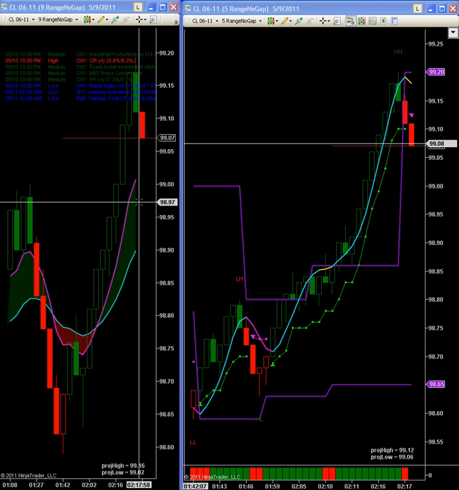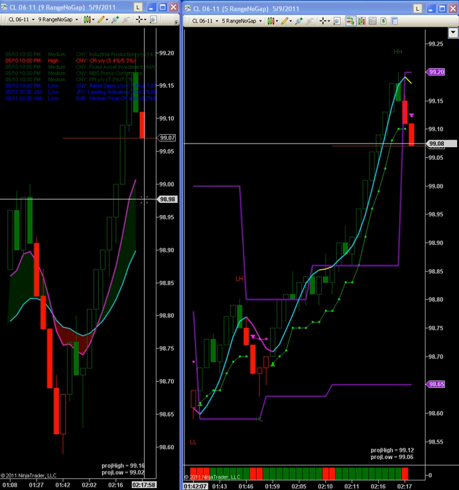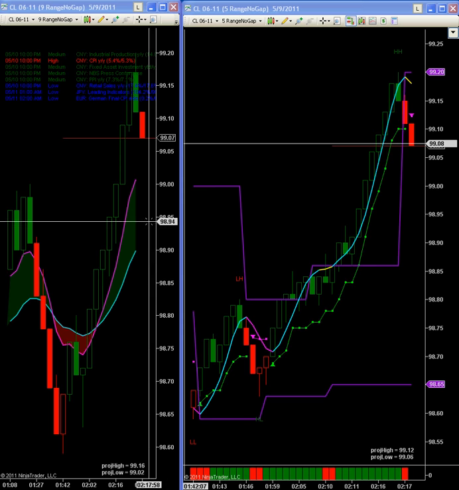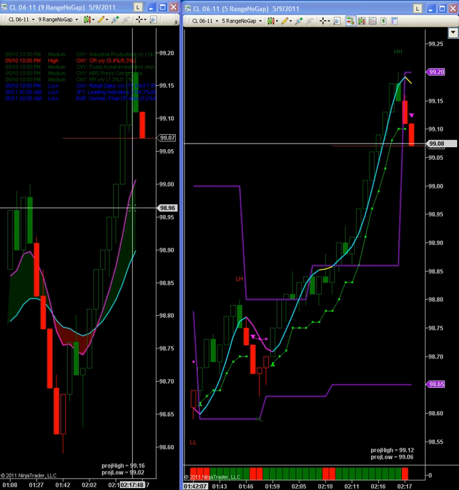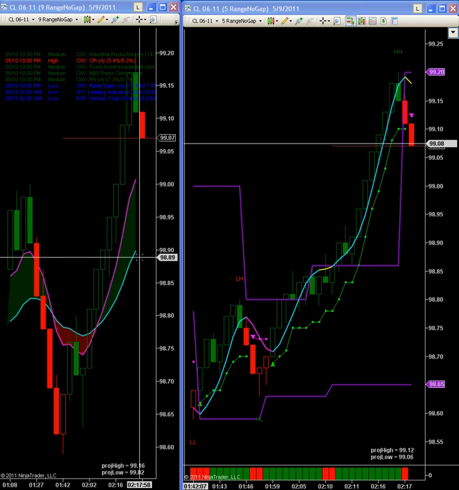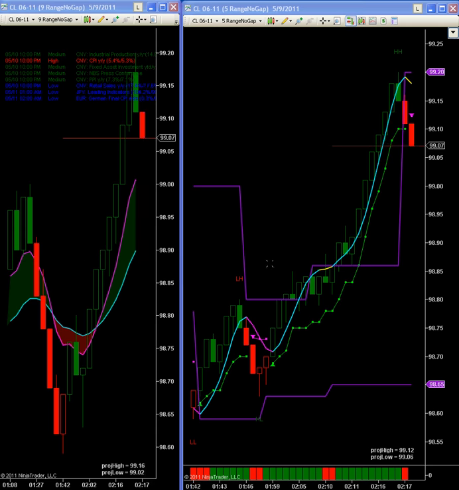If we are going to consider any short signals, I will wait until we have a candle close at least around here, below the middle of those two moving averages, and ideally we'll be seeing a cross, and then we'll be getting close to here. So we'll see what happens now.